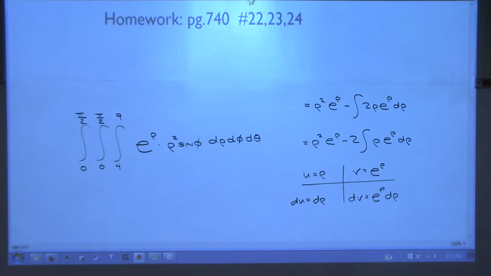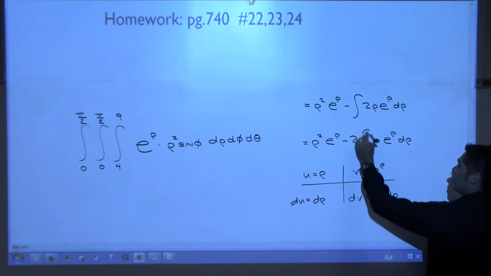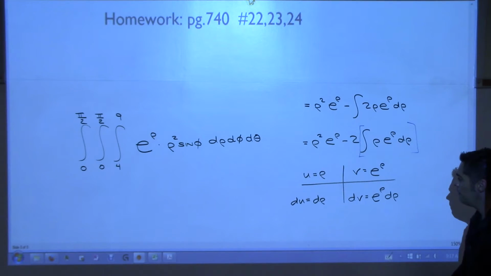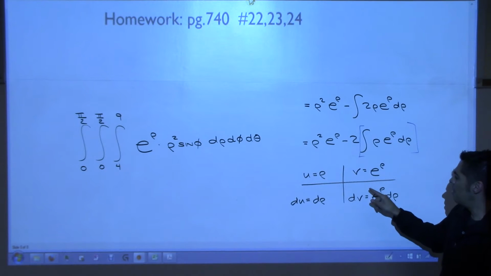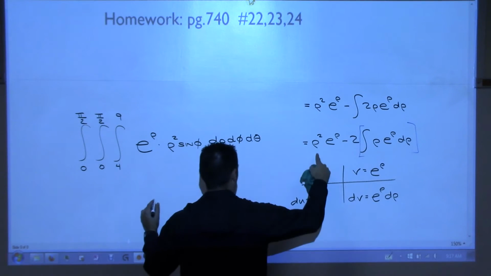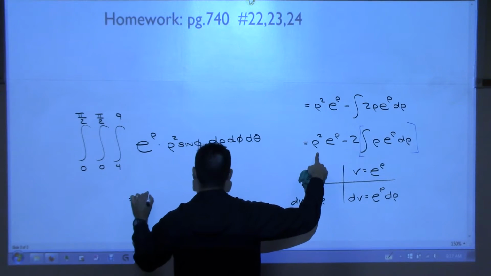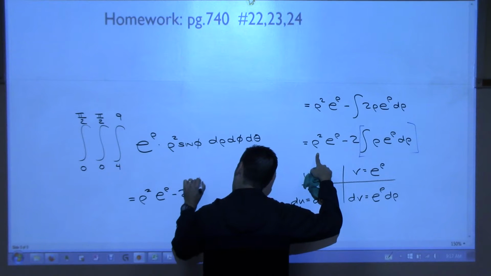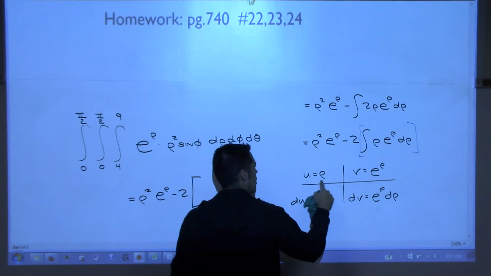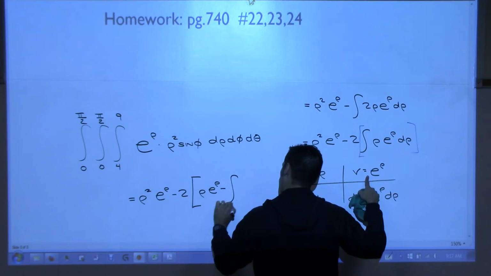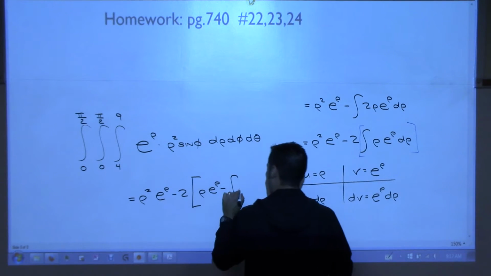All right, so now what we do is this piece right here, which is just this right here in brackets, is going to turn into this times this minus integral of this times this. So I'm going to try and write that over here. I have rho squared e to the rho minus 2 times, in brackets, rho e to the rho minus integral e to the rho d rho.